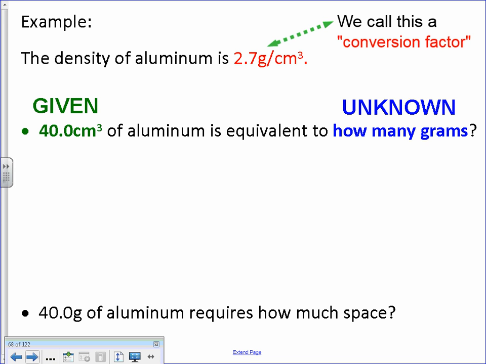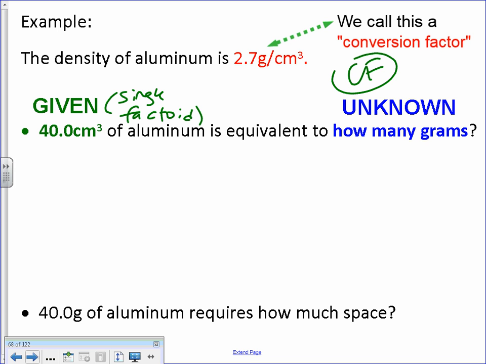So in the problem, 40.0 centimeters cubed of aluminum is equivalent to how many grams? My given is just a single fact. Then, maybe in the same question, or in a chart above, it'll have a bunch of conversion factors listed. In this one, it's density, and I know this is a conversion factor because it's written as a fraction.